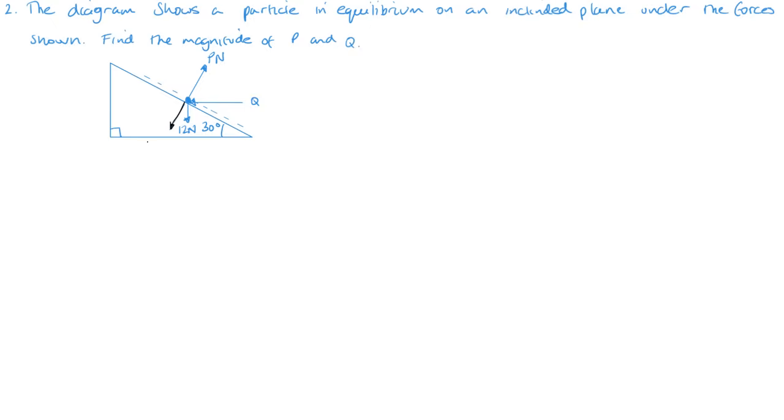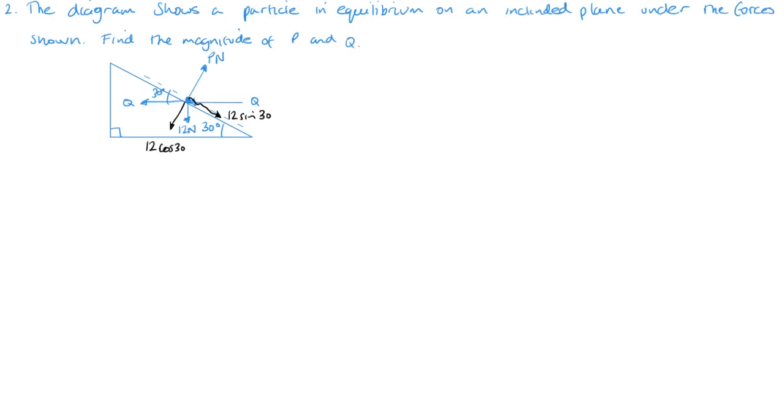That's going to be 12 cos 30, and then parallel will be 12 sine 30. Now Q is going into it, so I'll do this one in blue, just replace Q to the other side there. And then you can see that this is the 30 degrees.